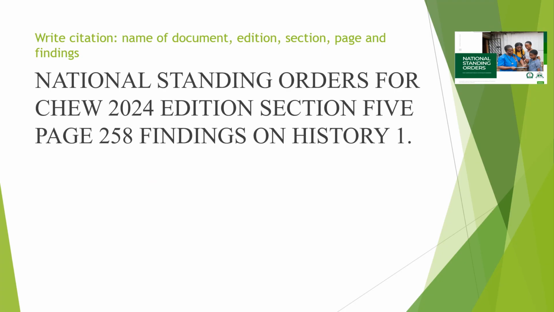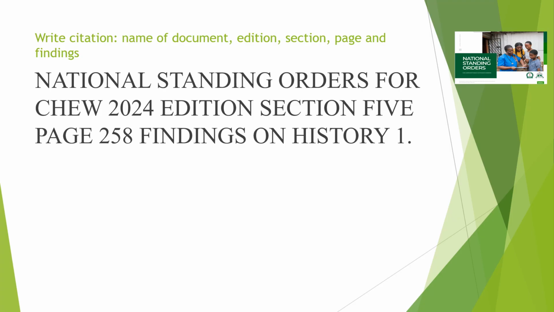So we are going to write the citation as name of document, which is the standing order, edition, section, page, and findings. On the answer booklet, the student is going to write National Standing Orders in capital letters for CHU 2024 edition, section 5, page 258, findings on history 1.